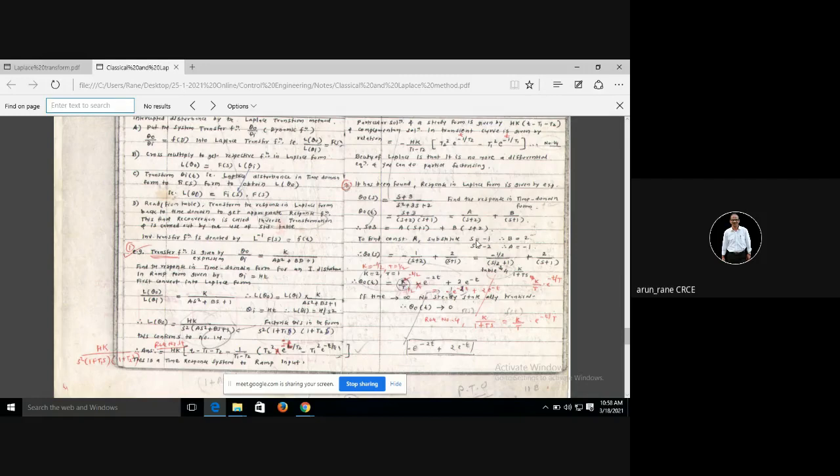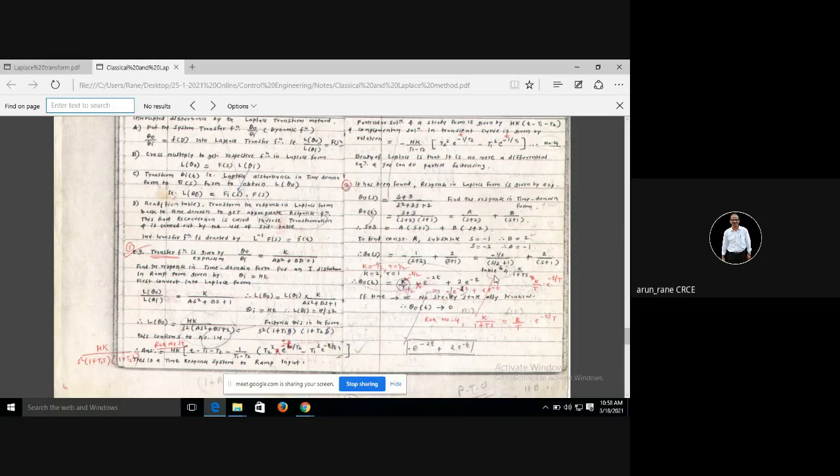Now again I will convert it into time domain. So how to get it? Now this I can write as 1 plus Ts. So if I want to write it as 1 plus Ts, I will take 2 common, 2 out. So this will become 1 by 2 into s by 2 plus 1. And similarly here too, it is of the form 1 plus Ts.